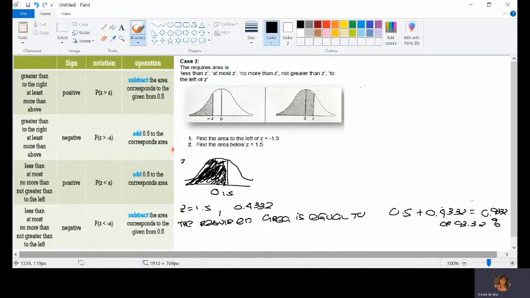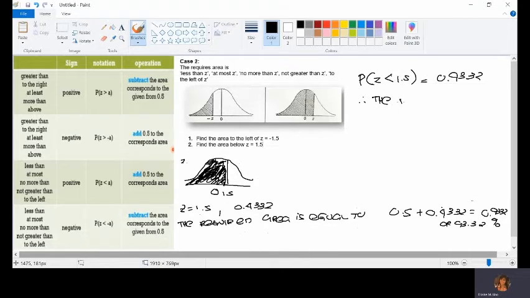So in probability notation, it says that the probability of Z less than 1.5 is equal to 0.9332.